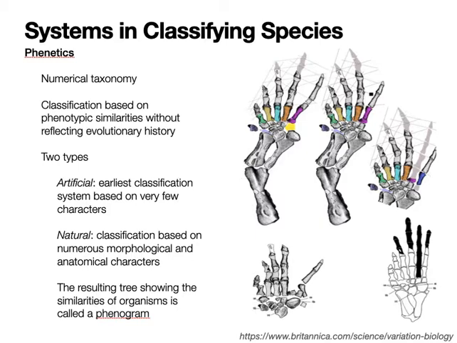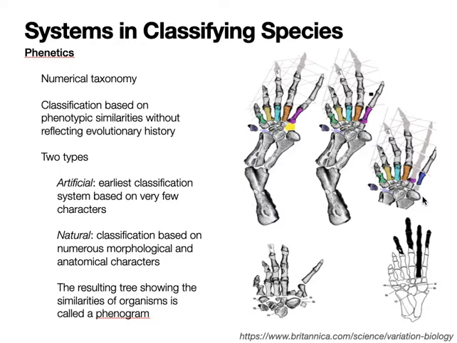If we are only considering very few characters, say for example 1 or 2, then that is an artificial type of phenetic classification. So for example, in the picture, if we are only considering the number of appendages of an organism and then we are going to relate it to another organism, that is an example of artificial.